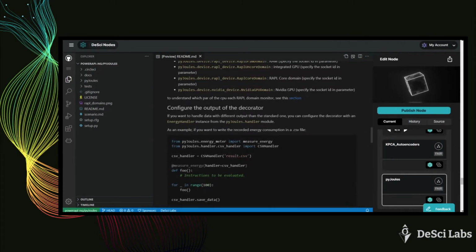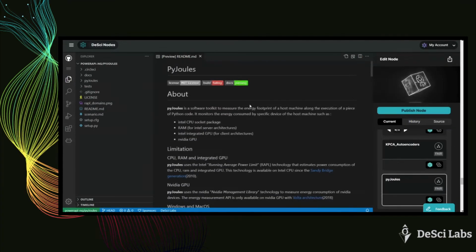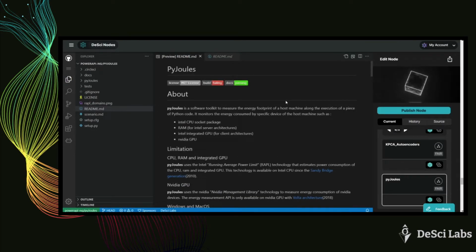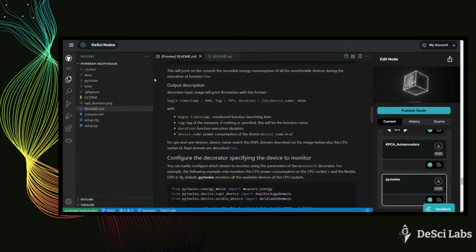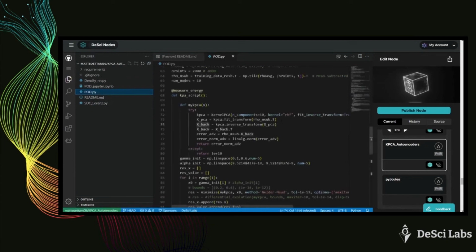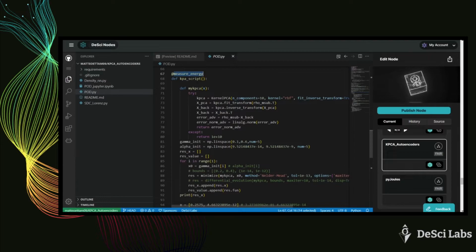Okay, so this is the library that we used, Pca, to compute the execution time and the power consumption. For sure, in Python, we have easier ways to calculate the execution time, but for the power consumption, we use this specific library. The only thing that we did is that here in the code, we just call this function, and we put everything we wanted inside this function, this kpca script.